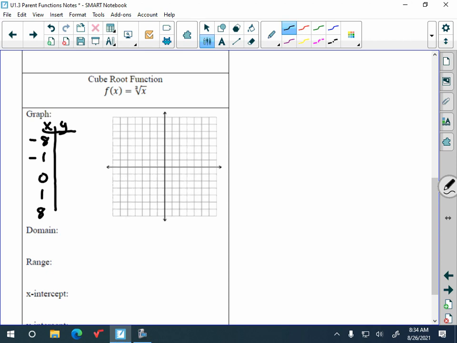Okay, those are all perfect cubes. Because there's a number that multiplies by itself 3 times that equals that number. All right, so again, if you're not sure, either find this key on your calculator, or you have this key on your calculator. One of those two.